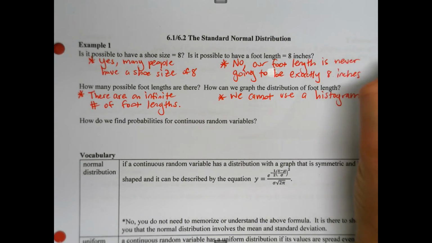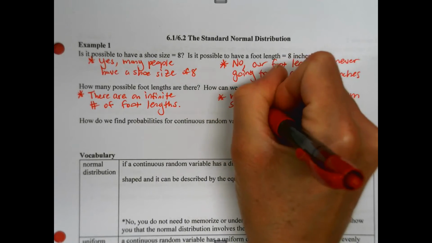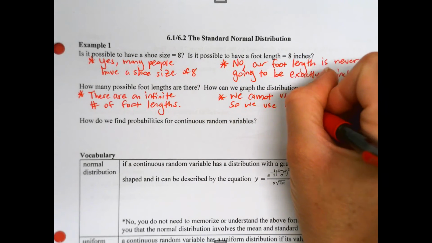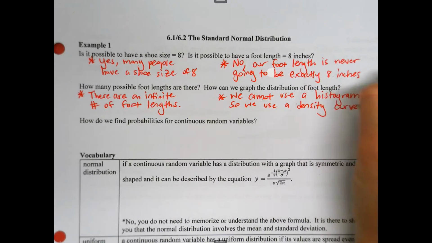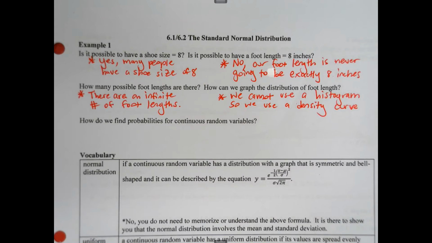So instead, we use a density curve, and we're going to talk all about what a density curve is. And then how do we find probabilities for continuous random variables? In the previous section, we counted up all the different ways that things could occur, and that was how we found the probabilities.